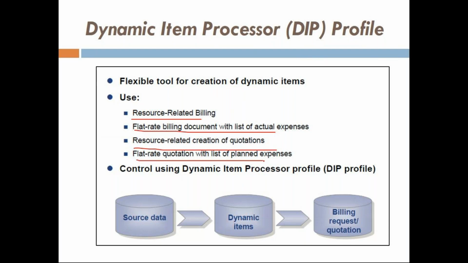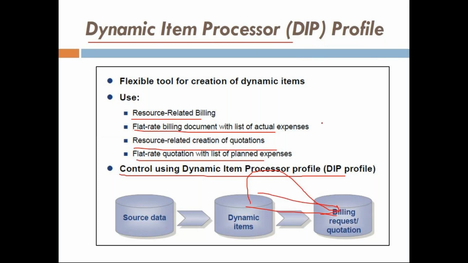The system will propose the price amount. So for that, they will use the dynamic item processor. What settings you have to make in this DIP profile, how it is used, and how it is proposed during the billing, all those things we will understand.